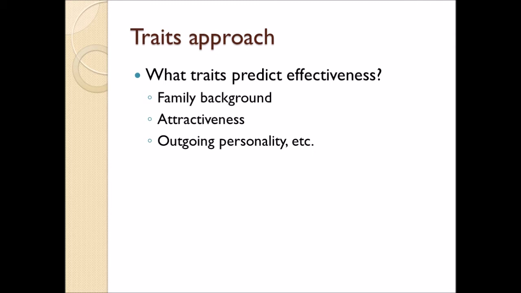If they have an outgoing personality, we've talked a little bit about introversion and extroversion over on the general chat board. This idea that our culture tends to value outgoingness, so that could be another trait that people think would predict effectiveness. So again, the idea behind the traits approach is that a person possesses a certain set of qualities that are going to make them an effective leader.